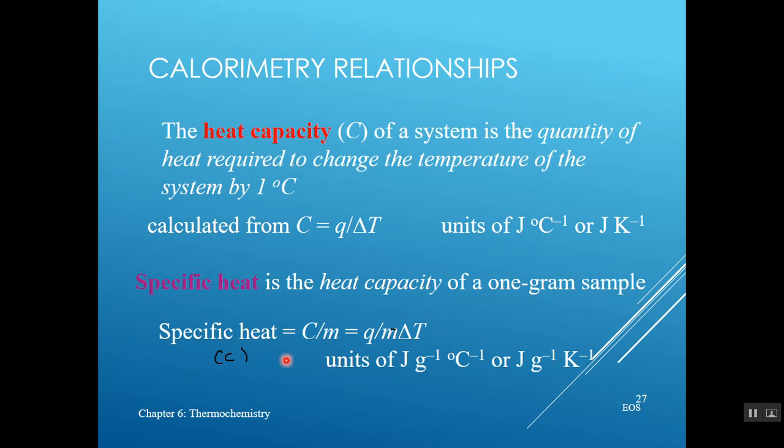So basically, to get lowercase c, we divide the heat capacity by the mass. And remember, C is equal to Q over delta T. So if we plug in this expression where C is, we end up with this relationship: lowercase c, specific heat, is equal to Q, the amount of heat, divided by mass in grams times delta T, the change in temperature. And the units of specific heat are given here: joules per gram per degree Celsius, or joules per gram per Kelvin.